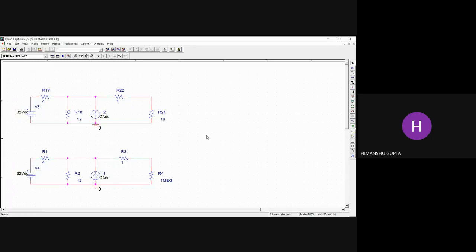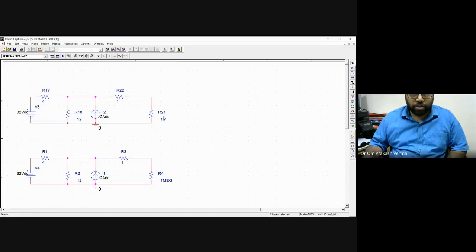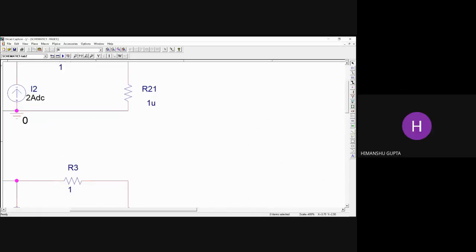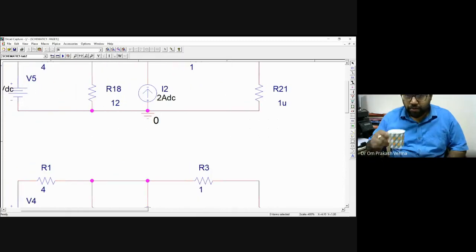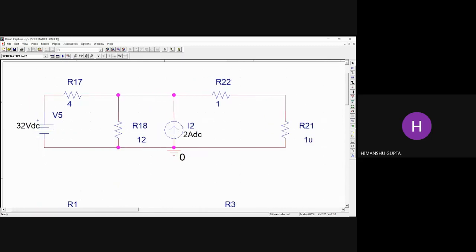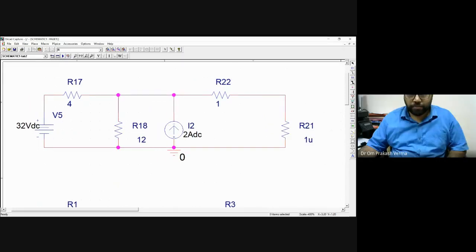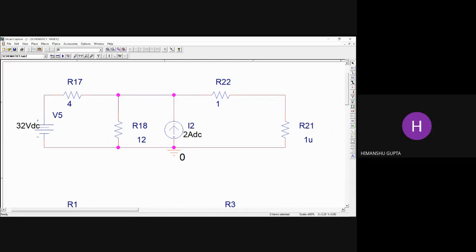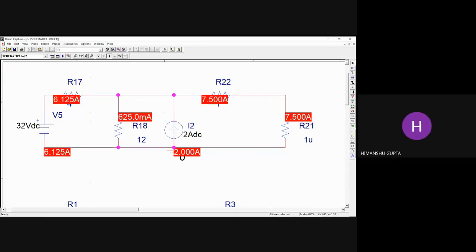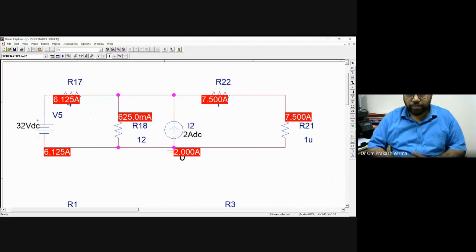It behaves like a short circuit, so it will give us the short circuit current, that is ISC. This current will be 7.5 amperes.